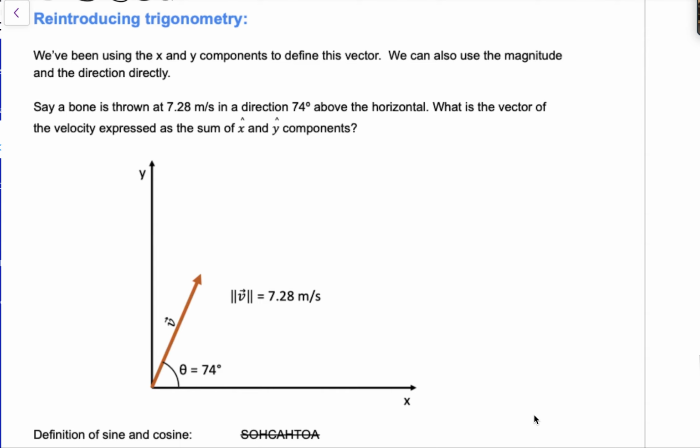So we have the x component. Let's back up a moment. I've drawn the vector for you already, handy dandy. 7.28 meters per second matches that, and this 74 degrees matches that. So we want to know the x component, so v sub x and v sub y.